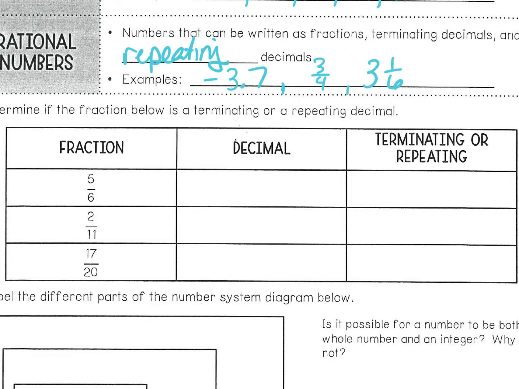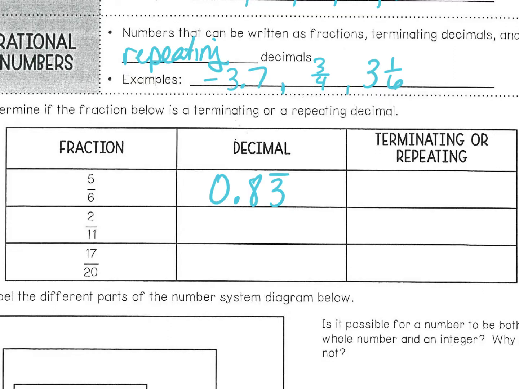It'll give you a calculator. Okay, so if you have one that has fractions, you can use it. So you're going to do 5/6, and we want to convert that to a decimal. You could do 5 divided by 6, 0.8, and then it's 333 repeating. That's how we write that.